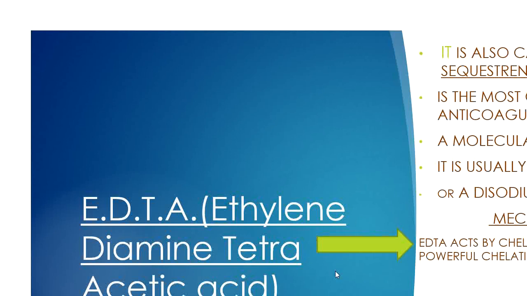Then action or mechanism of action. It acts by chelating the calcium, means it binds the calcium, and is a powerful chelating agent. Concentration: it is used at 2 milligram per ml of blood. How is it prepared? Stock solution of EDTA.